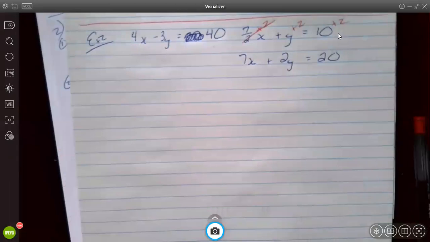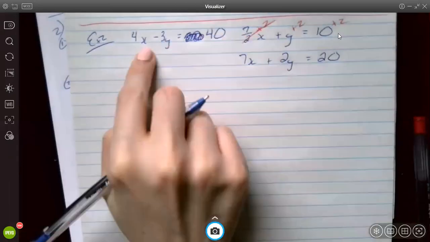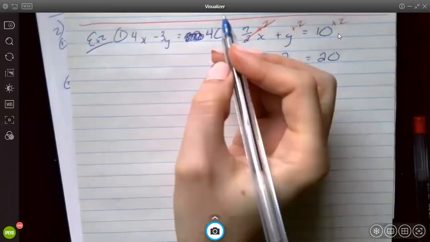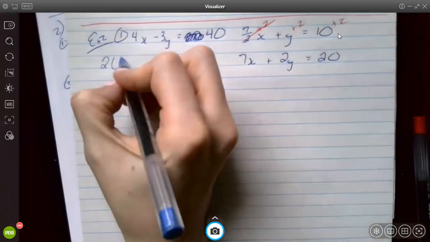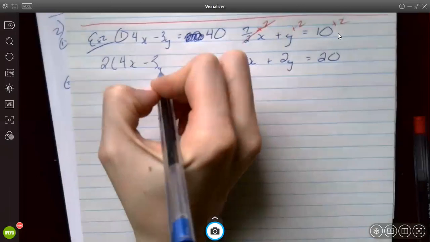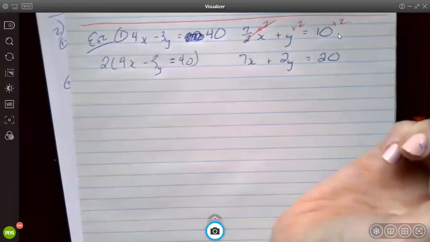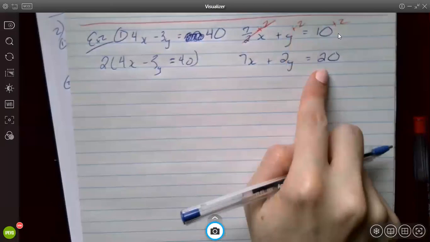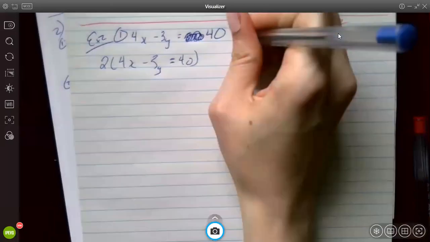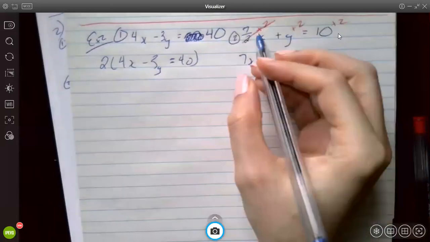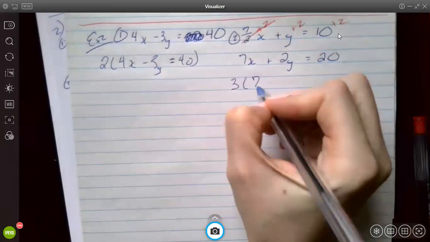And so again, for this first equation here, I'm just going to take the entire equation and multiply it by 2. And then for the second equation over here, I'm going to take the whole thing and multiply it by 3.